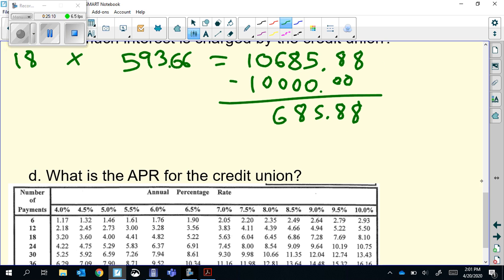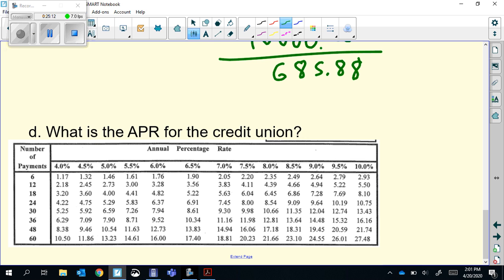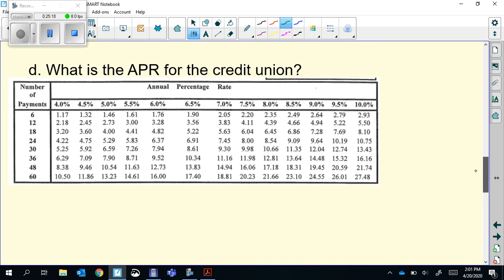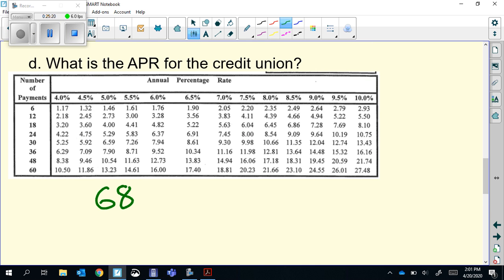And then using our formula and the chart, we're going to take that 685.88 out of the principal amount borrowed.